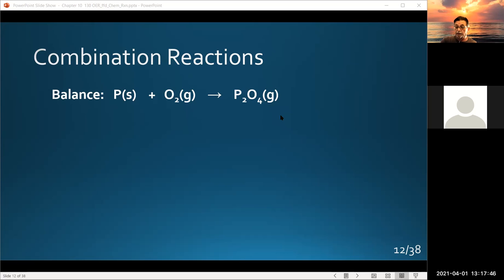That is a combination reaction. And of course, we've got to balance it. So if you put a 2 in front of the O2, the oxygen, that balances up the oxygens. And then we put a 2 in front of the phosphorus to balance out the phosphorus. So that is the balanced chemical reaction of an example of a combination reaction.